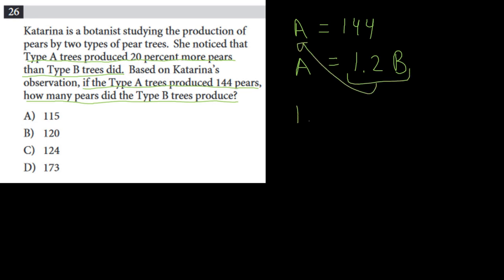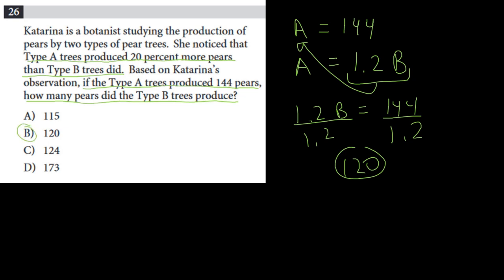So it'll be 1.2 B equals 144. I divide by 1.2 on both sides, and if you do that on the calculator, it's 144 divided by 1.2, which is 120. So that would be your answer.